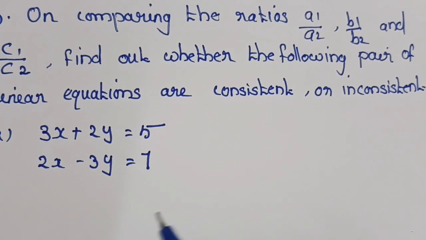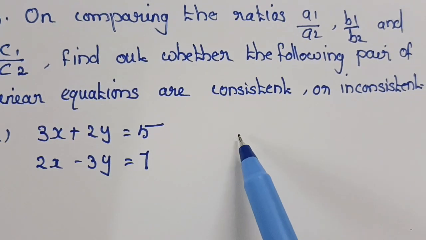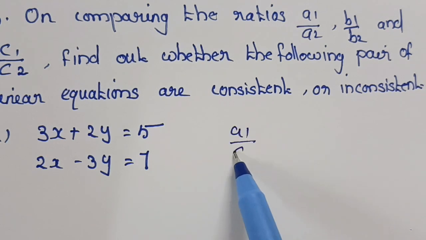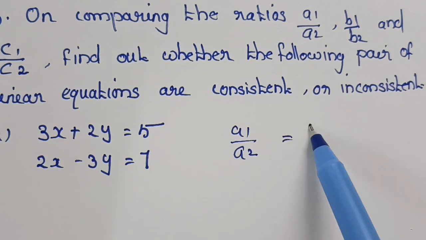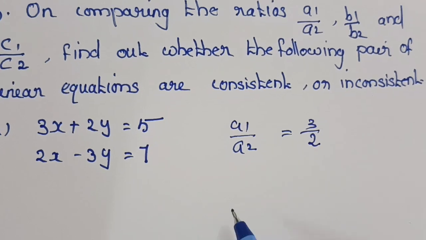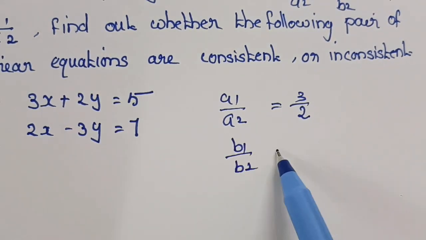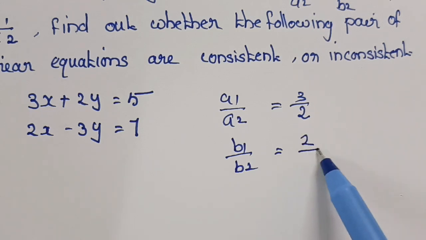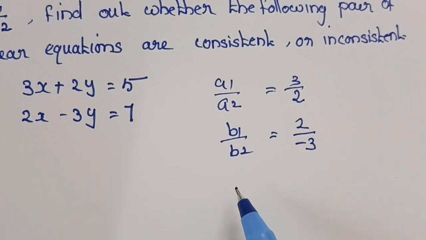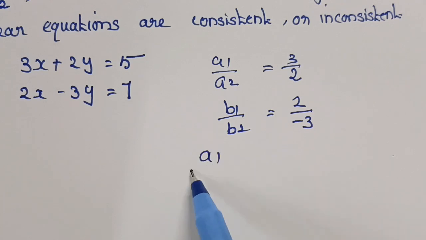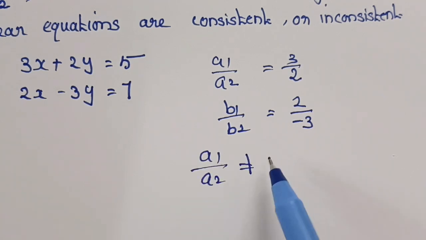Okay. First we have to find a1 by a2. a1 by a2 equal to 3 by 2, the coefficient of x. Now b1 by b2. b1 by b2 equal to 2 divided by minus 3. So we can say that a1 by a2 not equal to b1 by b2. a1 by a2 not equal to b1 by b2 means the lines are intersecting.